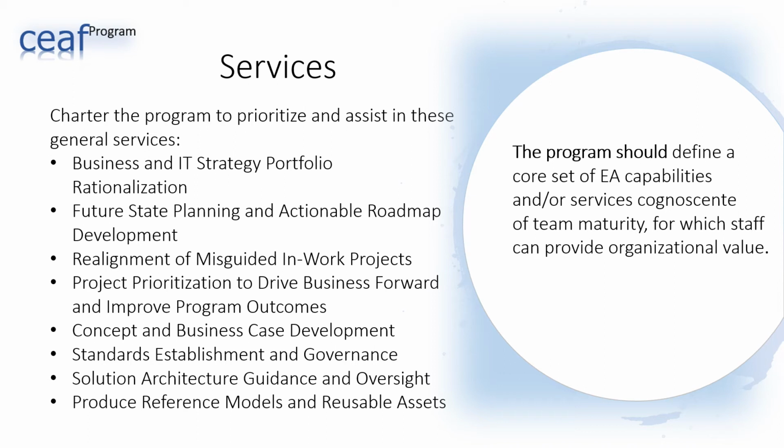Some common services include, but are not limited to, business and IT strategy portfolio rationalization, future state planning and actionable roadmap development, realignment of misguided in-work projects, project prioritization to drive business forward and improve program outcomes, concept and business case development, standards establishment and governance, solution architecture guidance and oversight, and producing reference models and reusable assets.